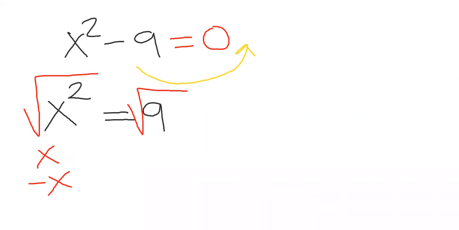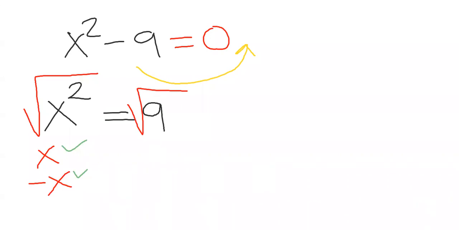Because if you take x and square it, you're going to get x squared. And if you take negative x and raise it to the power 2, you are still going to get a positive x squared. So that is why you have two answers, because a quadratic expression or a quadratic equation always gives two answers. The one is positive, the other one is negative.